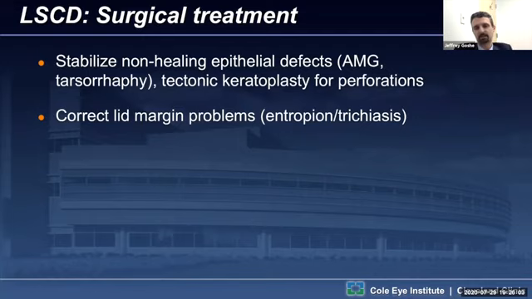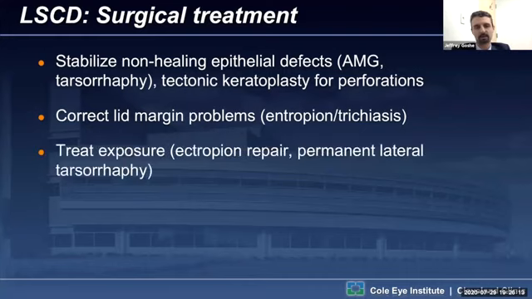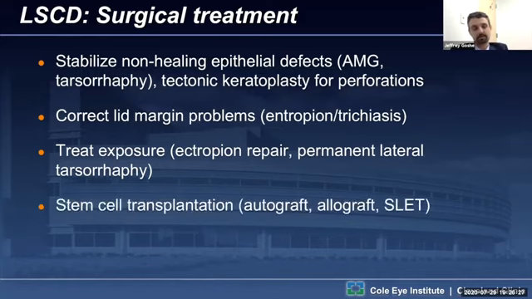So sometimes rotational procedures or ablation lid procedures for the lashes are necessary. So if you do a lot of inflammatory cicatrizing disease, you're going to need to have a good oculoplastics go-to person. And then exposure is often a problem, particularly those that have cicatrization. They often have lid issues, so that's where your tarsorrhaphies and ectropion repairs can come into play.